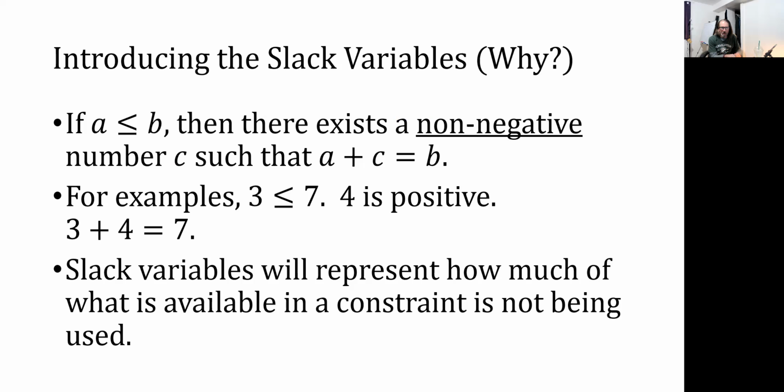And that can represent how much of what's available, like how many labor hours you have available. Maybe they're not all being used when you get to the optimal solution.